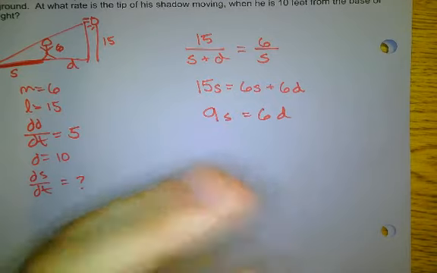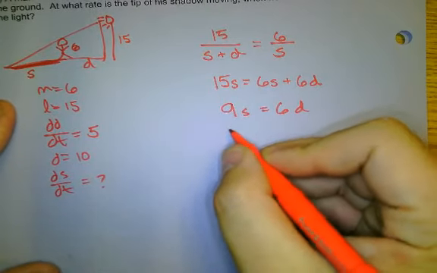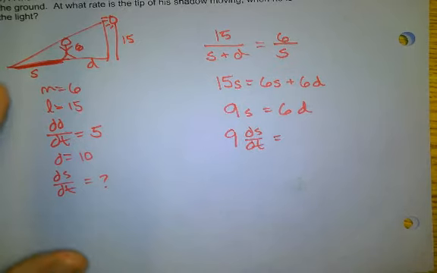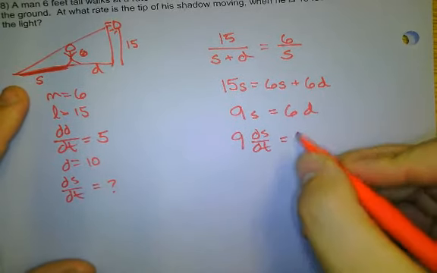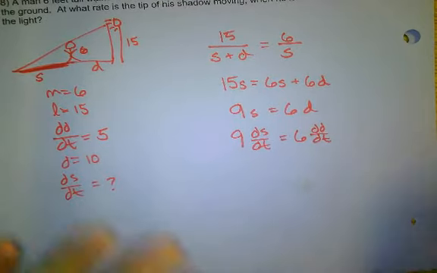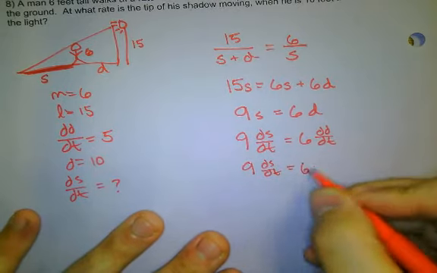Now is this nice and easy to take a derivative? So let's take the derivative of the left. What do you get? 9 times dS/dt equals 6 times 5.